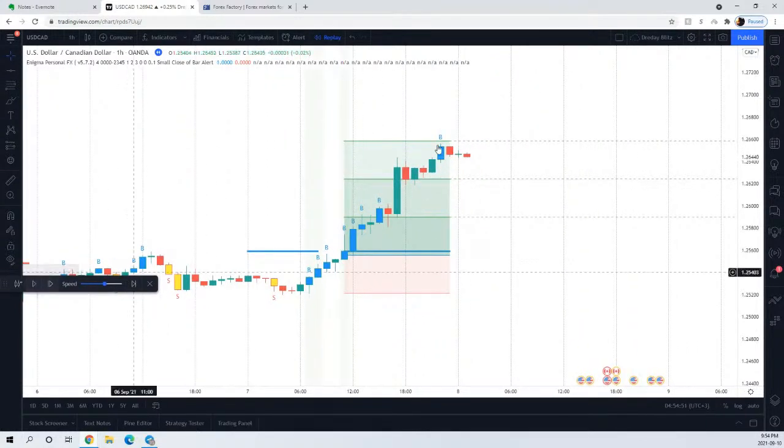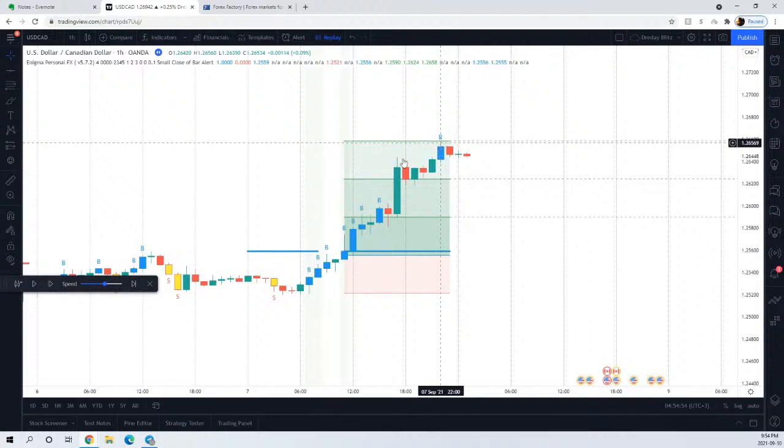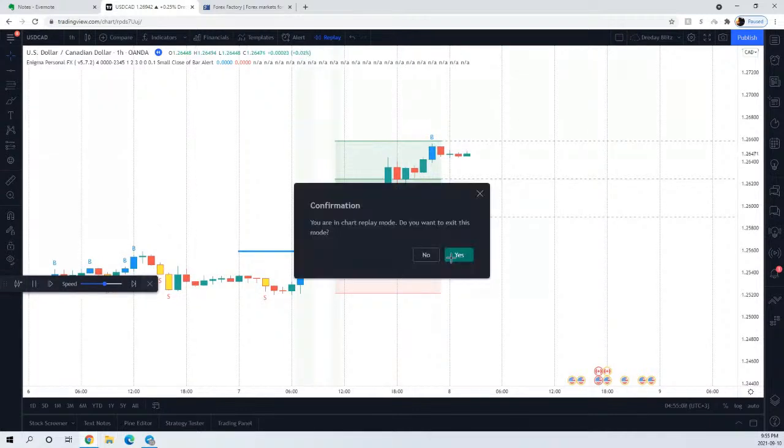Now almost TP3 hit, I think by two pips. Crazy. Then the market continued.